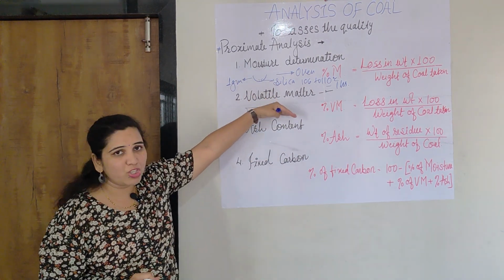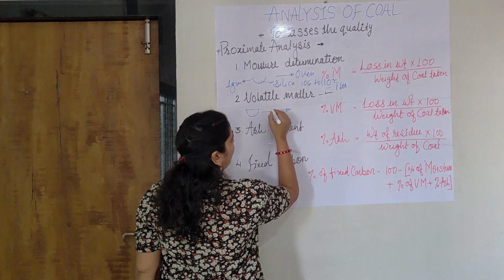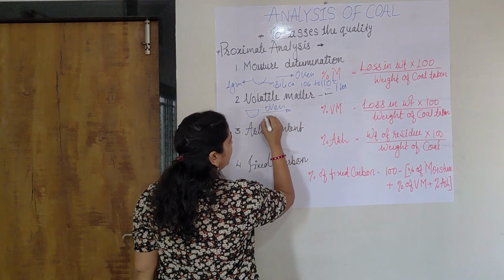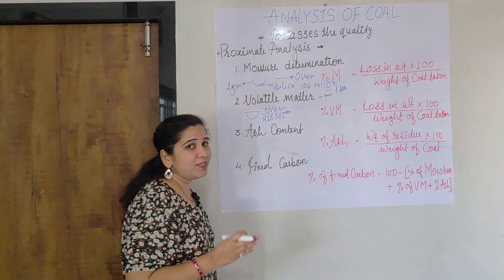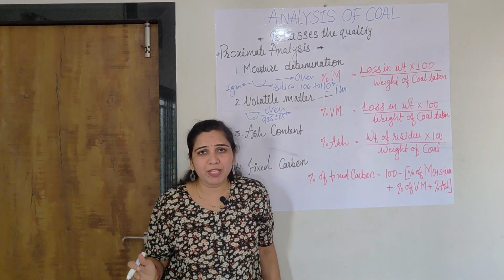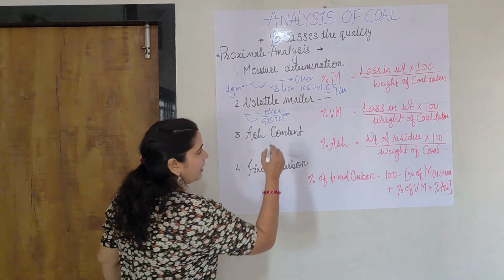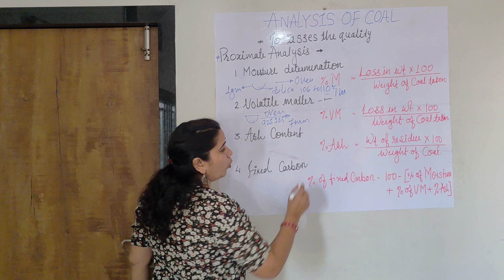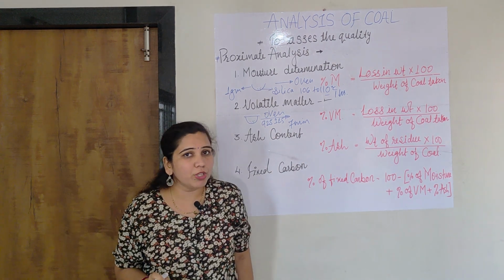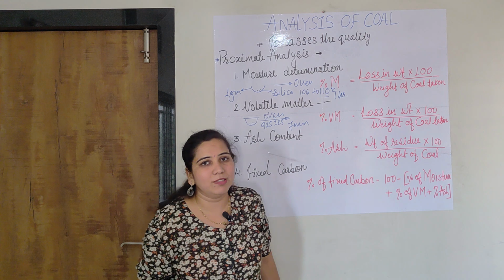After the removal of moisture and calculation, the crucible is put into the oven or muffle furnace. Here we change the temperature range to 925 plus or minus 25, which means 900 to 950 degrees can be set. The time is very specific, just 7 minutes, so that all types of volatile matter are removed.